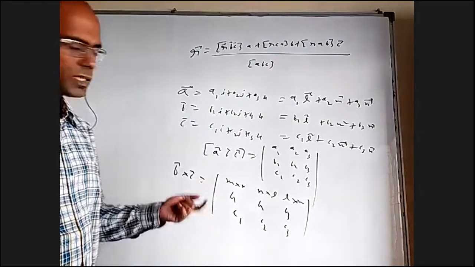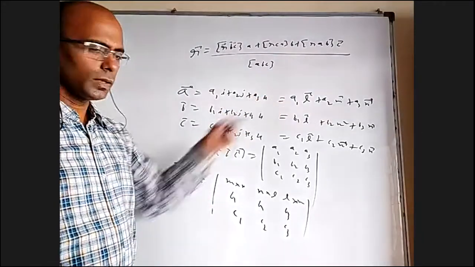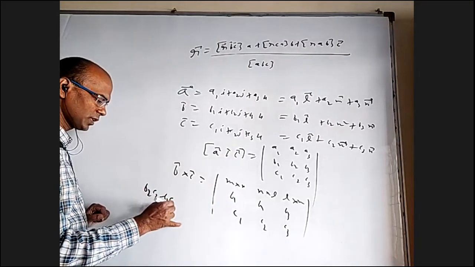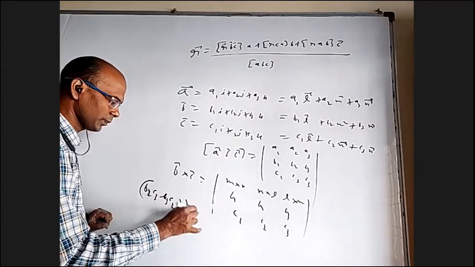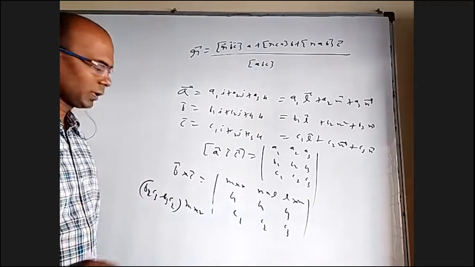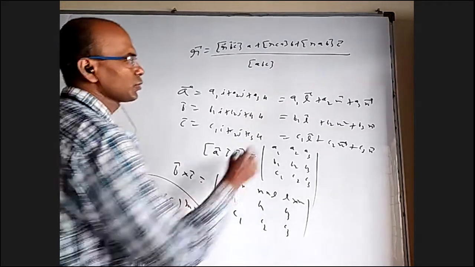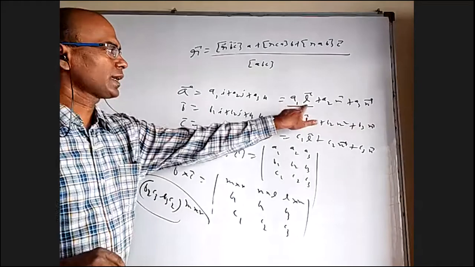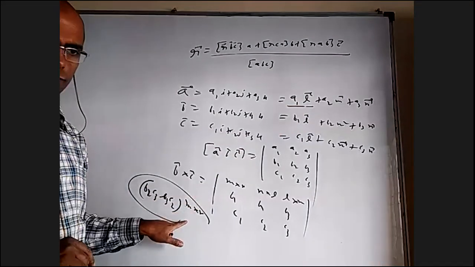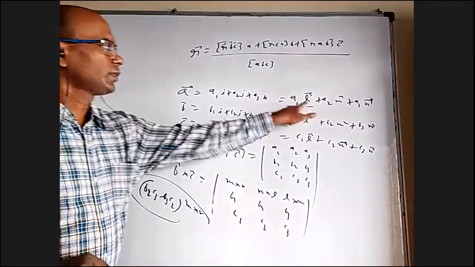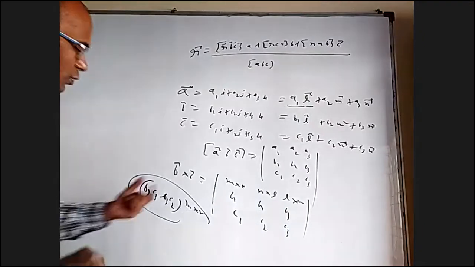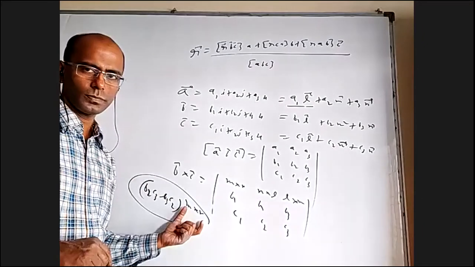When you expand this and do dot product with A, for example, you may get B2 C3 minus B3 C2 into M cross N. That's the first element here. When you do dot product with this, I am going to get L dot M cross N. When I take this dot product with this, it is 0, this dot product with this is 0. So I'm going to get a box element here.